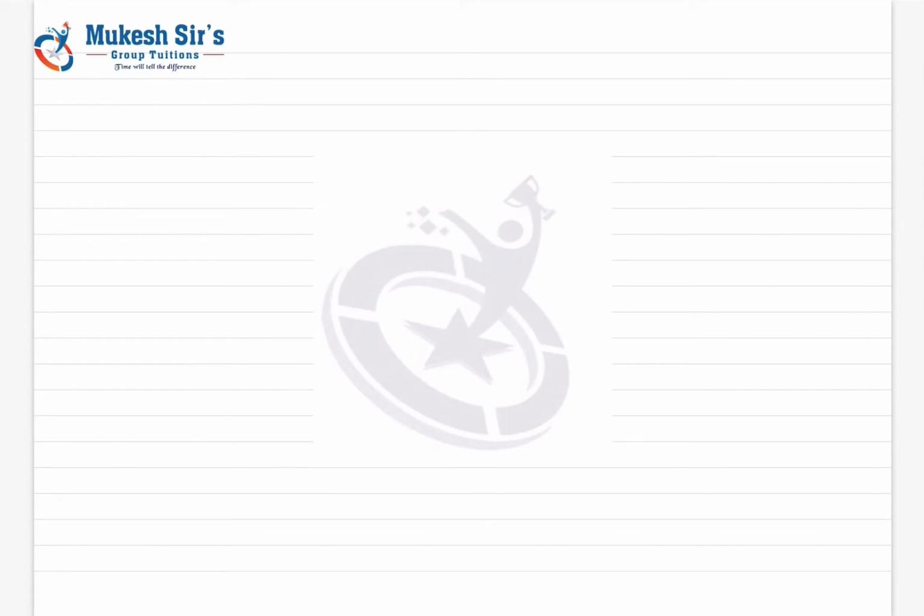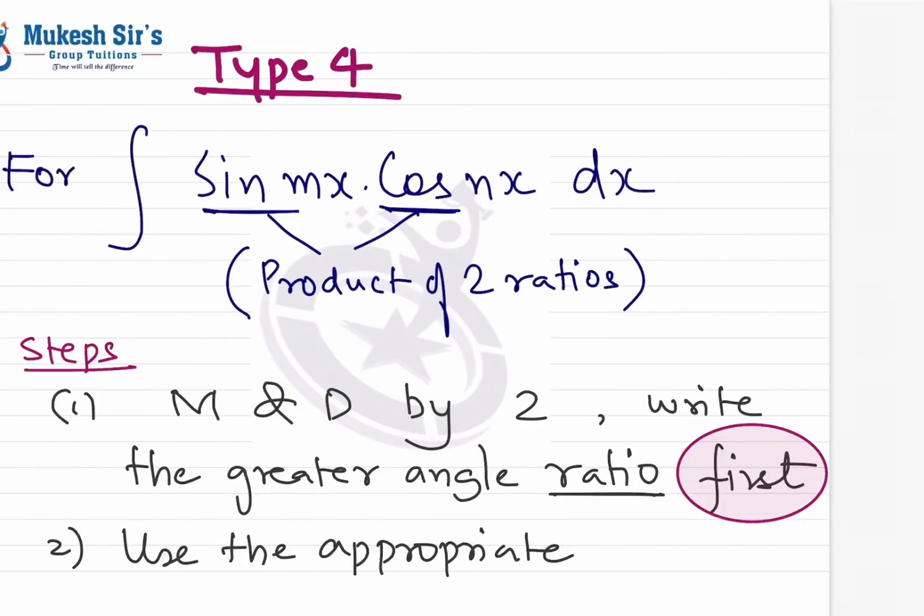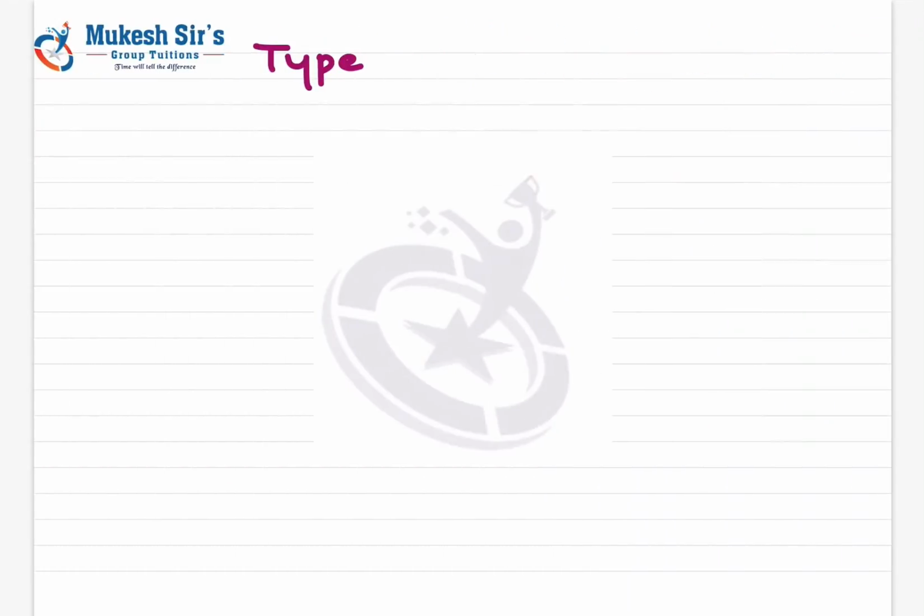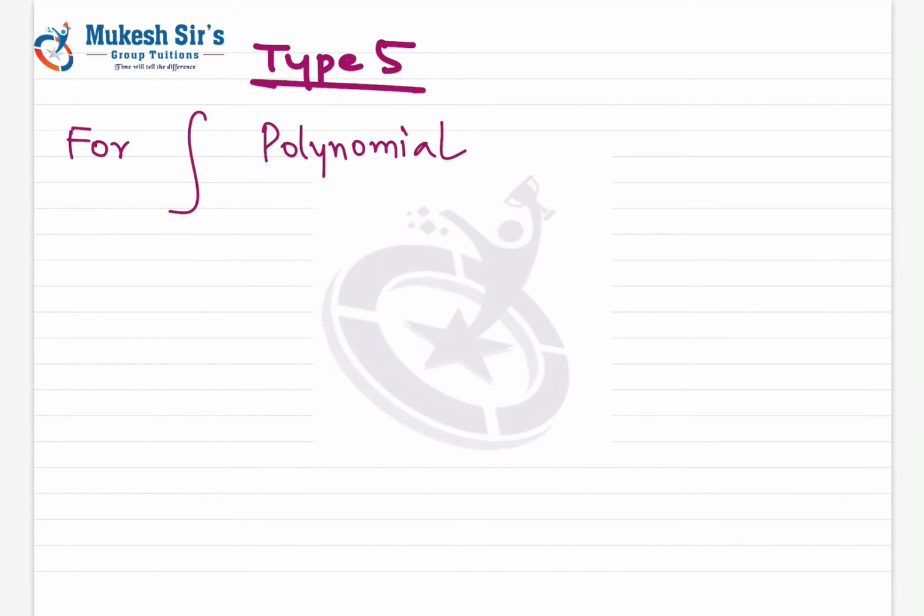And the last type, let's take this as type 5. Now for integration of a polynomial upon a polynomial.